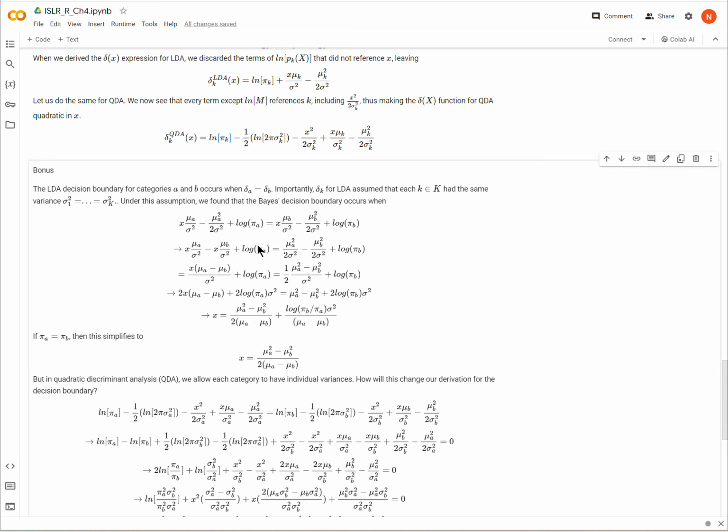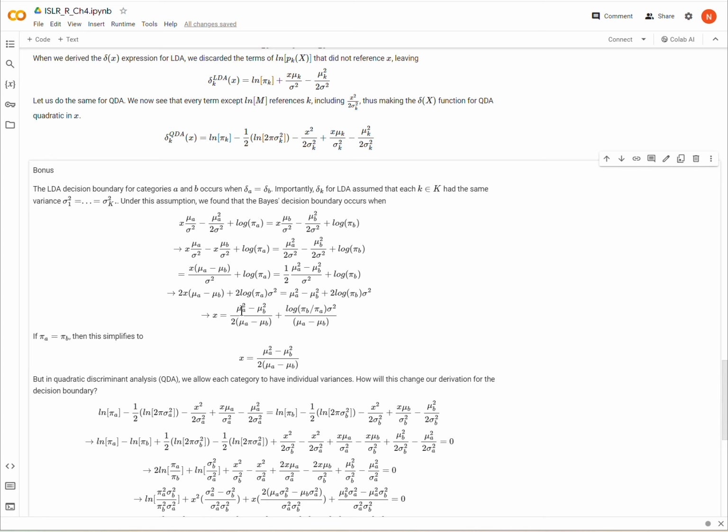And so if you just go through and solve for x, you get this expression right here. So this is the x value at which class A and class B are equally probable.